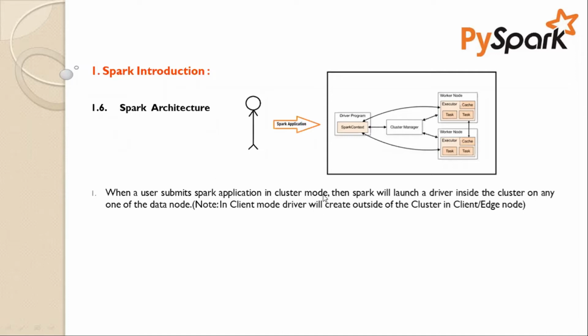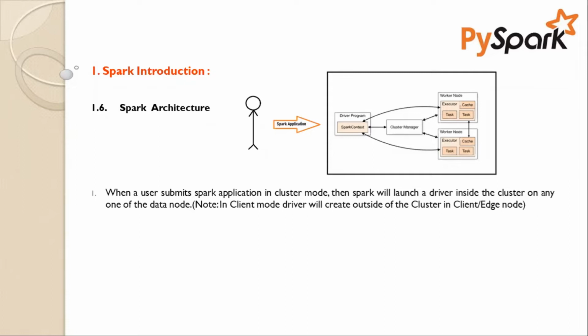In client mode, the driver will be created outside of the cluster, wherever you are submitting the application, which I can call a client node or edge node. You can Google what exactly an edge node or gateway node is, or go to my previous videos.